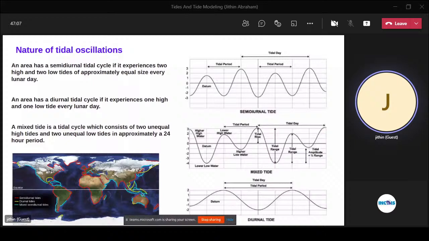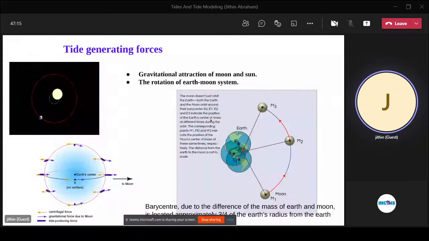Okay. These tides are generated as a response to gravitational force and the combined rotation of the Earth-Moon system. This animation represents how the Earth-Moon system revolves around a common center known as the barycenter. This barycenter, the center of mass between the Earth and Moon, lies inside the Earth because of its large mass.